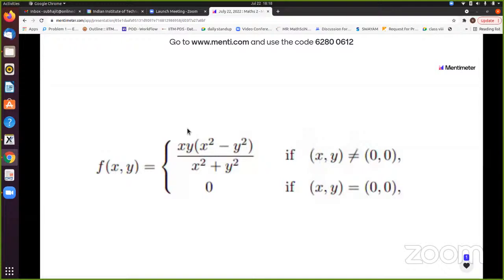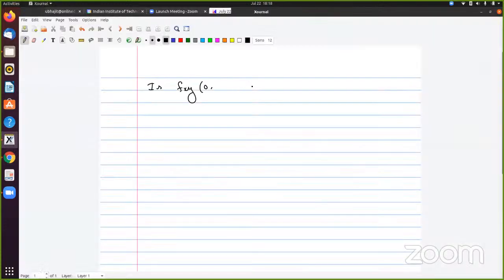So let's get back here. At (0,0), is this function f_xy equal to f_yx? That is the question. So basically we are asking whether this function satisfies the Clairaut theorem or not.